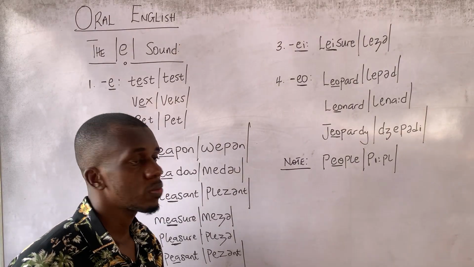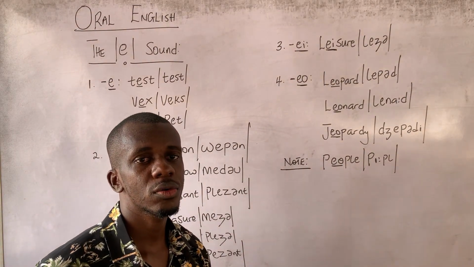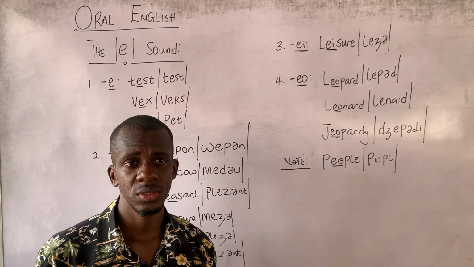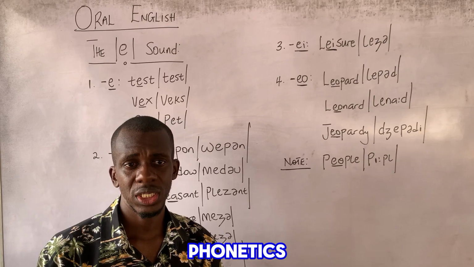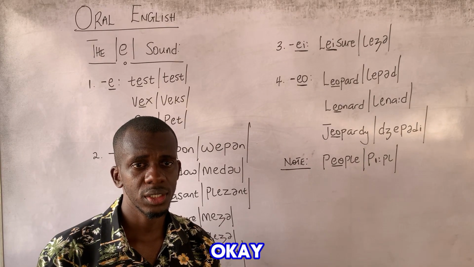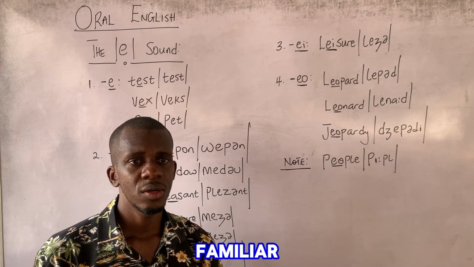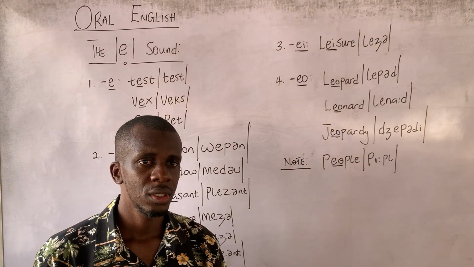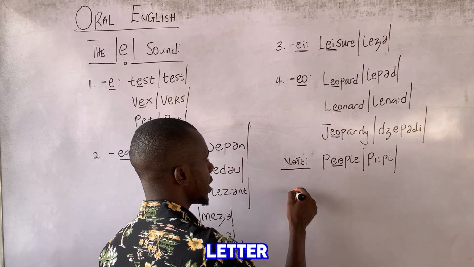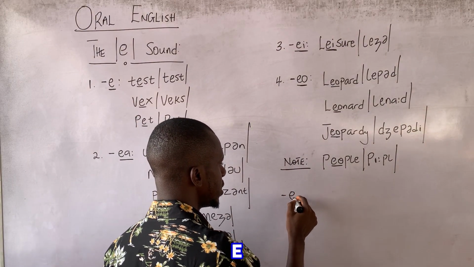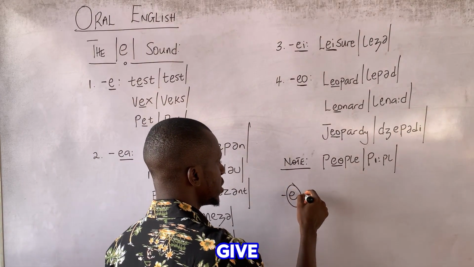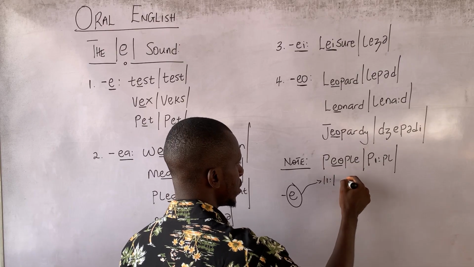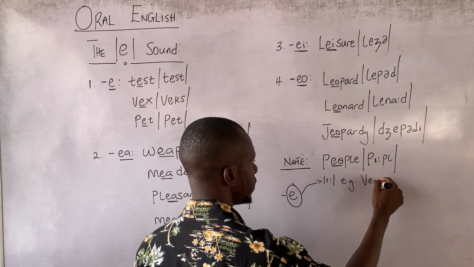Good. So a particular letter or combination of letters can produce a variety of sounds in the English phonetic system. So it's good you get familiar with the various sounds that can originate from a letter. For example, the letter E in focus can give us the long E sound, as in the word venal.